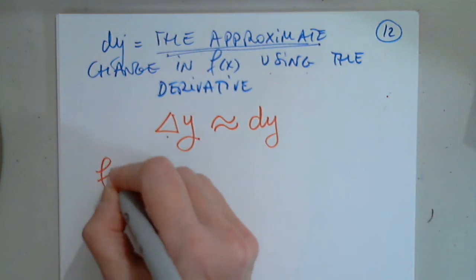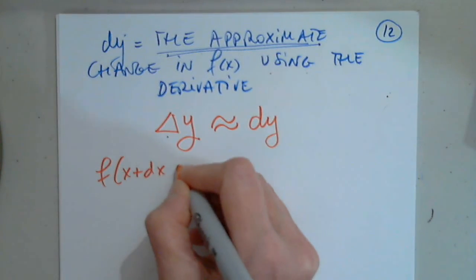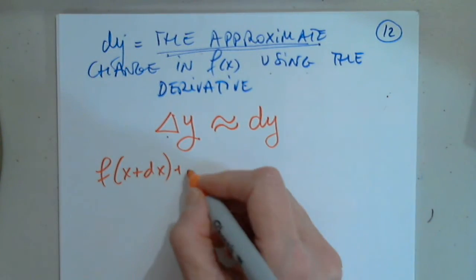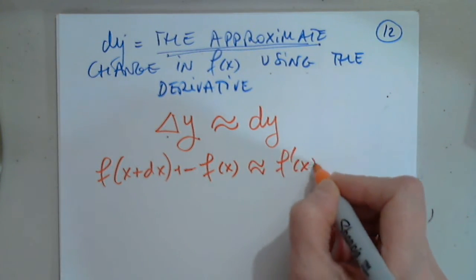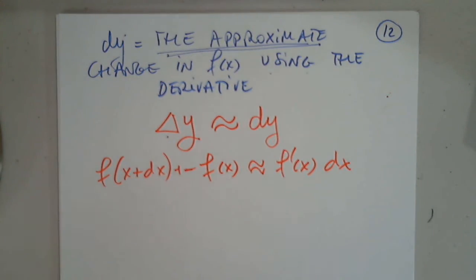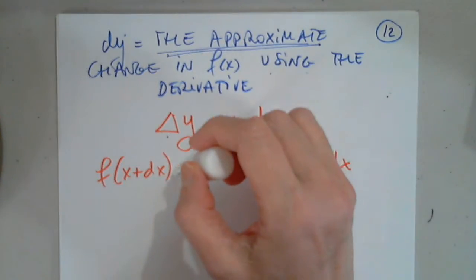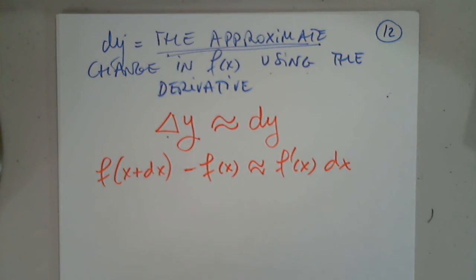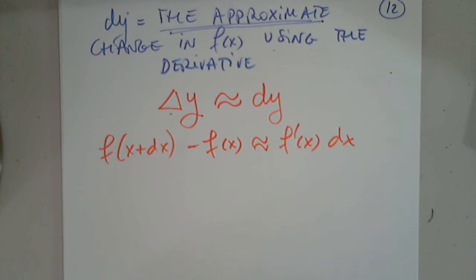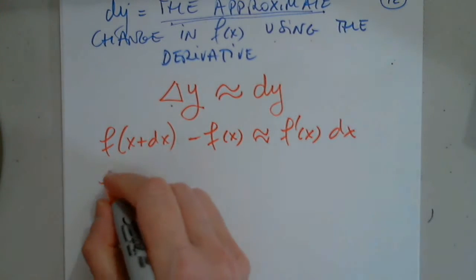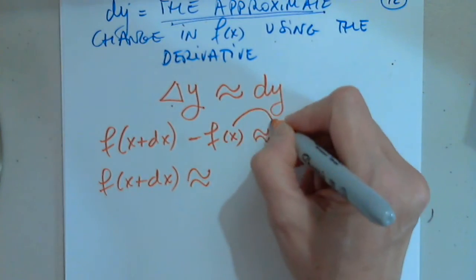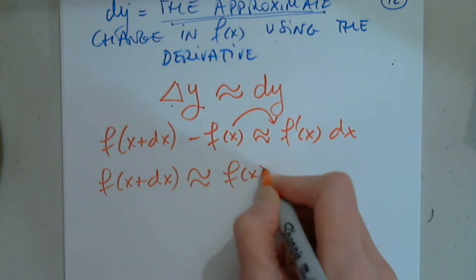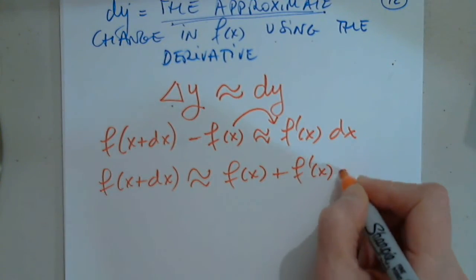This is f of x plus dx minus f of x, and this is f prime of x dx. So I'm going to move f of x to the other side, and we're going to get a very important result. F of x plus dx is approximately f of x plus f prime of x dx.